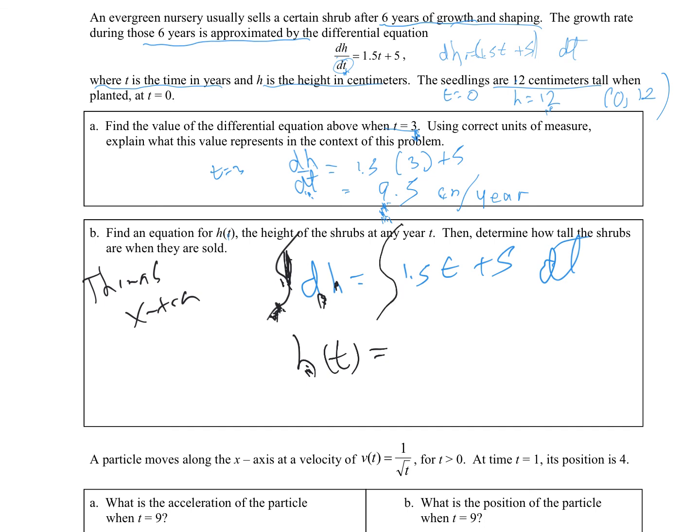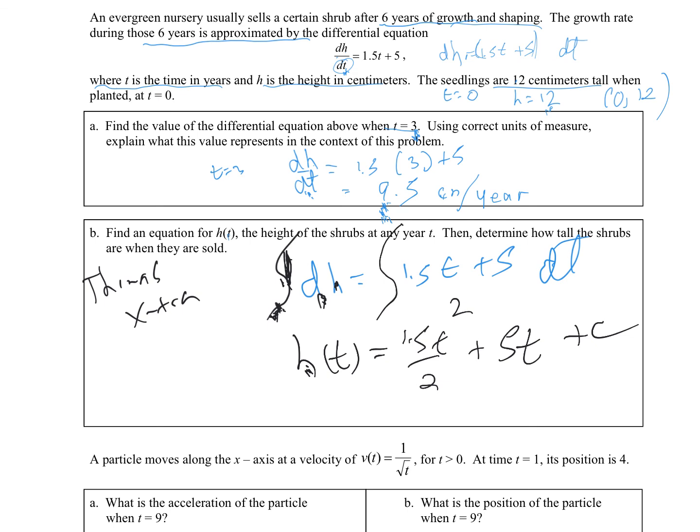And what happens when I integrate that? It would be 1.5t squared divided by 2, plus 5t plus C, right? Well, I don't want C in there forever.